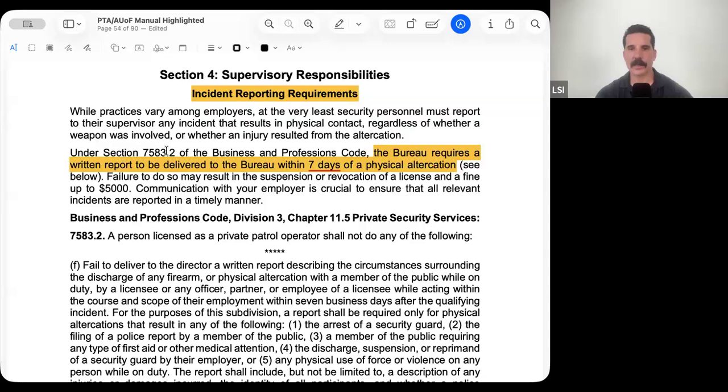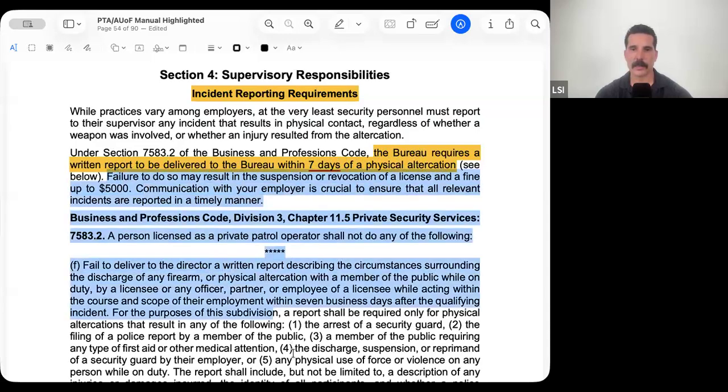Then it goes on to say under this section of the Business and Professions Code, and you're going to highlight that first part where it says the Bureau, meaning BSIS, requires a written report to be delivered to the Bureau within 7 days of a physical altercation. You can highlight that whole part and underline 7 days.